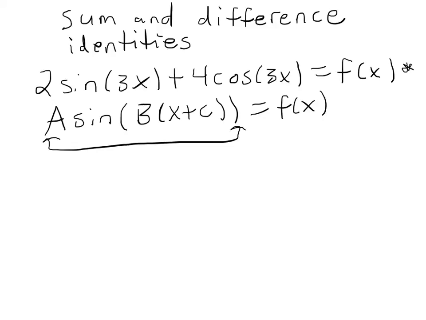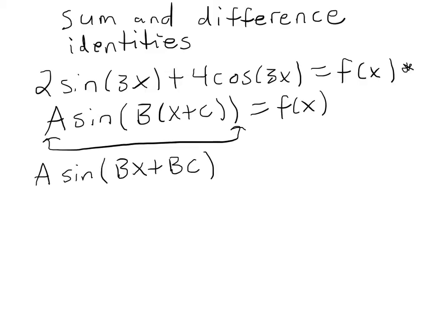So the first thing I'm going to do is distribute the b value through the parentheses, so I wind up with that. Now I'm going to use the angle sum formula for sine and rewrite that expression.